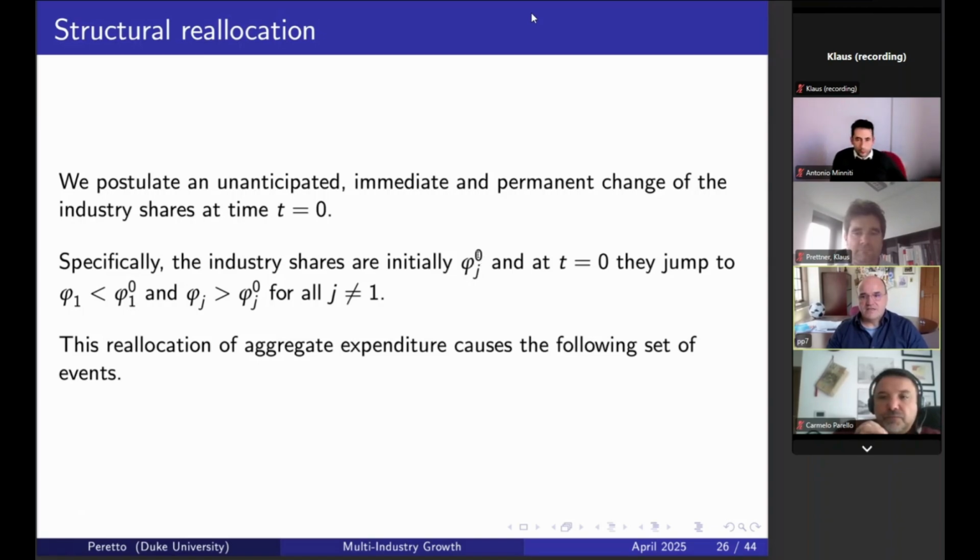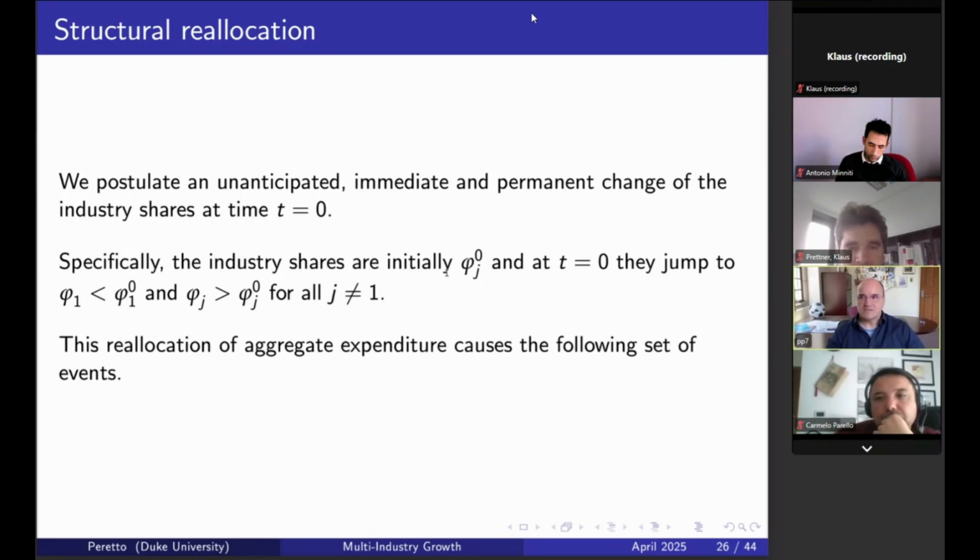And then the expenditure share of industry one jumps down. Again, you can think of stories to motivate this. Let's see what this gives us. The expenditure share of industry one goes down, and by construction, the expenditure share of all of the other industries goes up. That's why I call it structural reallocation.